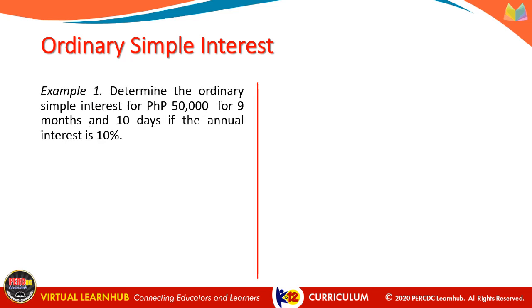Example number 1. Determine the ordinary simple interest for 50,000 pesos for 9 months and 10 days if the annual interest is 10%.